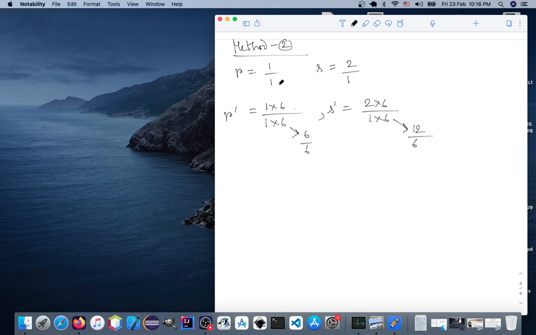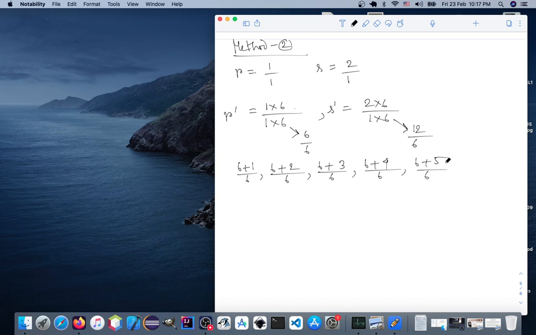Now what will be the 5 rational numbers between R and S? Those numbers will be (6 plus 1) by 6, (6 plus 2) by 6, (6 plus 3) by 6, (6 plus 4) by 6, (6 plus 5) by 6, up to 5 because you have to find 5 rational numbers between 1 and 2.